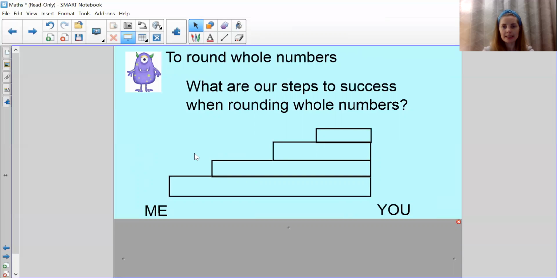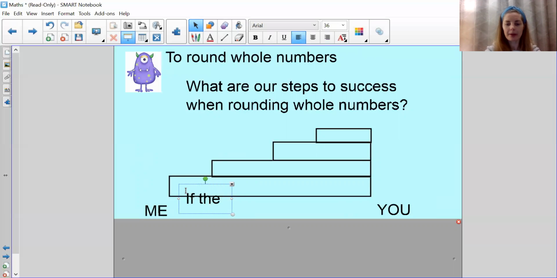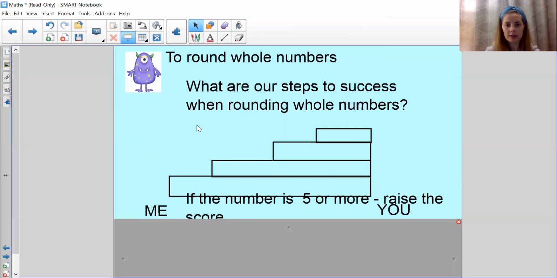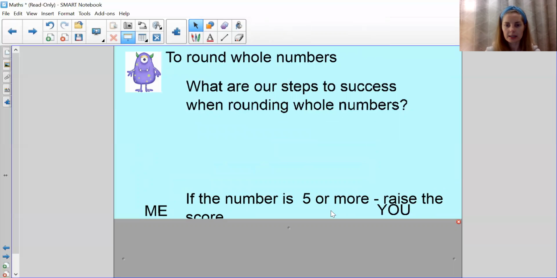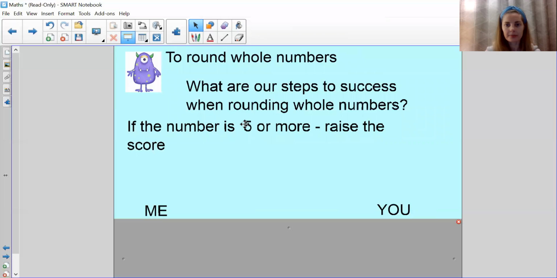Super, let's see how we did. So when we are rounding whole numbers, there is that little rhyme that we learned at the beginning of the year. So let's see. Have a go. So if the number is 5 or more, we raise the score. I'm actually going to get rid of these blocks so that we can see these words clearly.